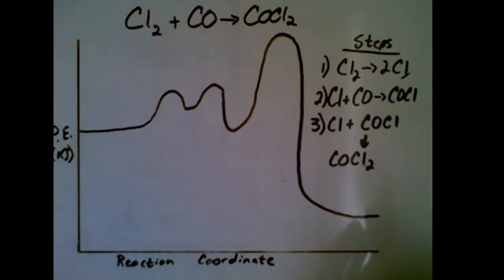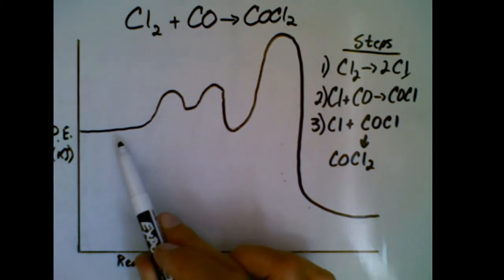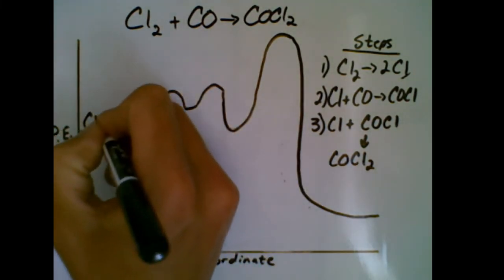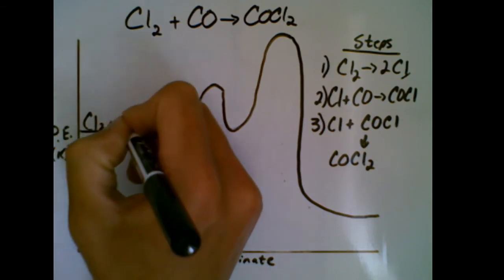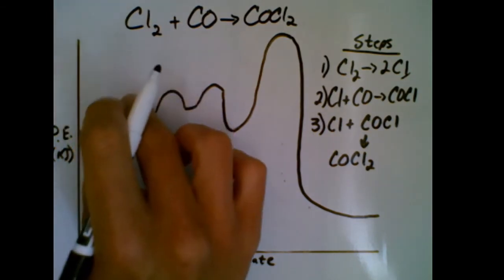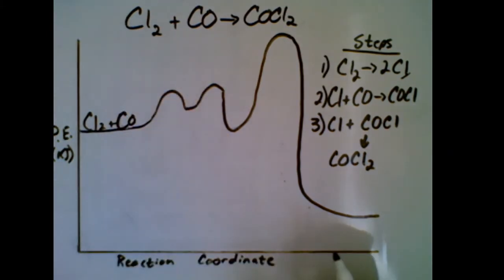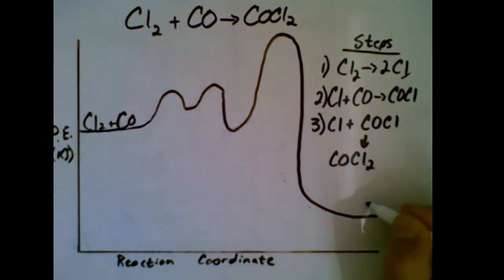Now, a few things that we can figure out here. We know that at the start of this reaction, we're going to have our reactants. So we have Cl2, and we have CO. At the end of the reaction, we're going to have our products. So we have COCl2 at the very end.